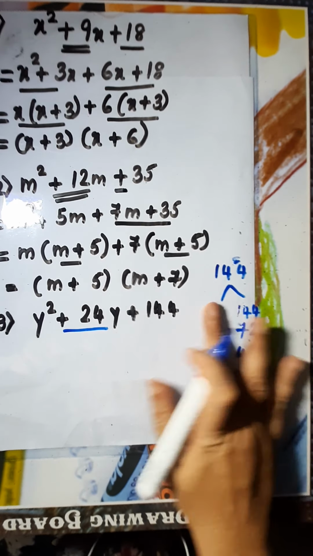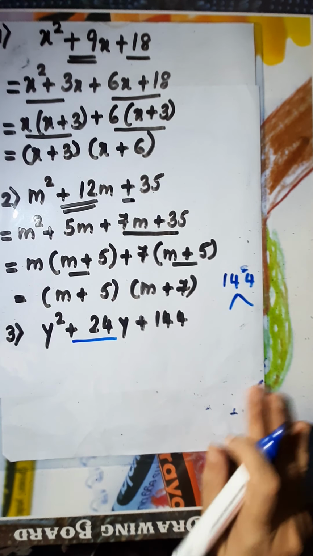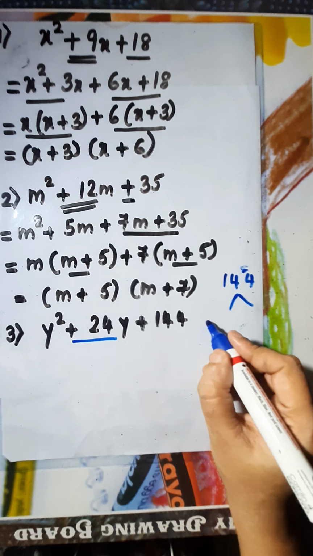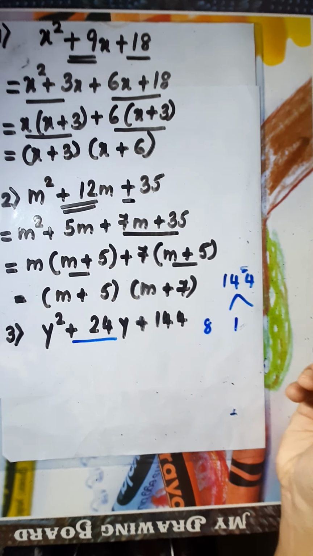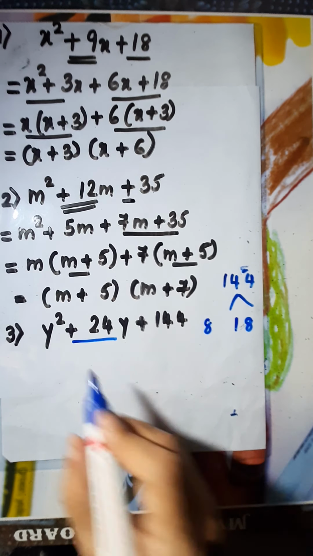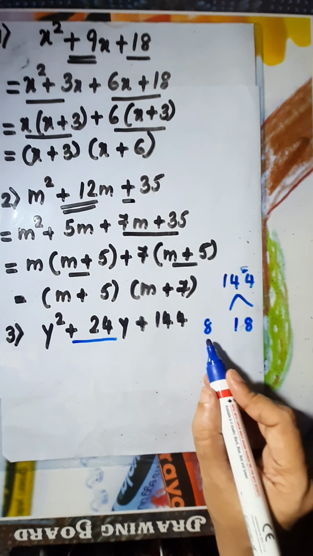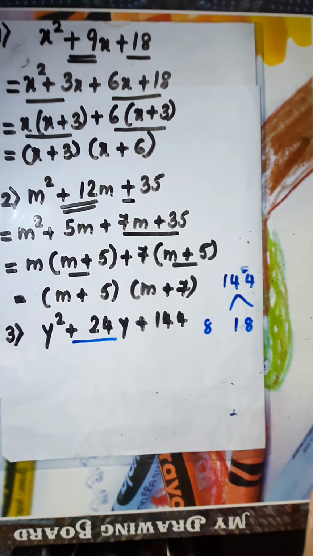So all these are not possible, so I'll rub it out. Correct? All these are not possible. Okay, I don't want to clutter this page. So I have 8. 8 ones are 8. 8 eights are 64. Add 18, 28, 26. Not yet 24. Correct?